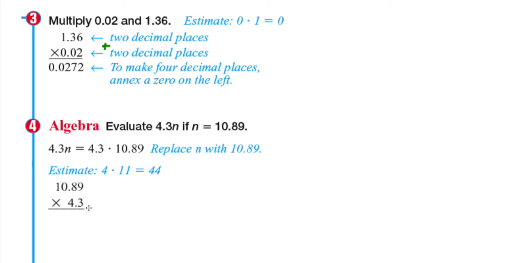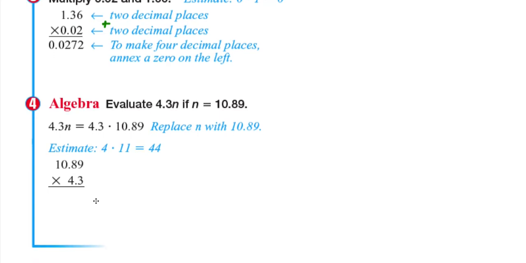In your book it says use a calculator, but we're not going to do that. Use the traditional method of doing it. You have 3 times 9 is 27, times 8 you end up with 3,267, and then use 4. 4 times 10.89 will be 3,356.